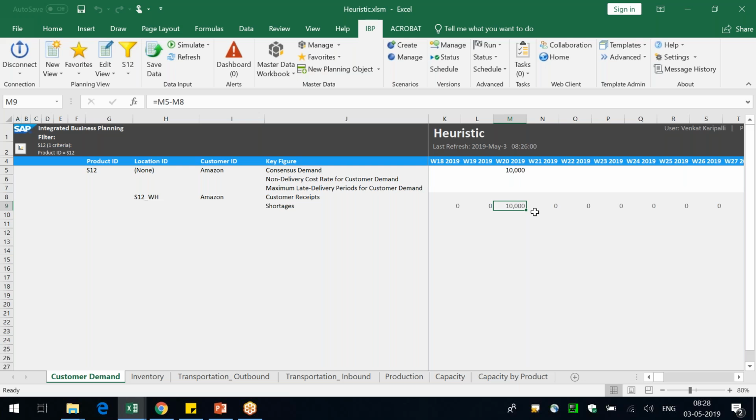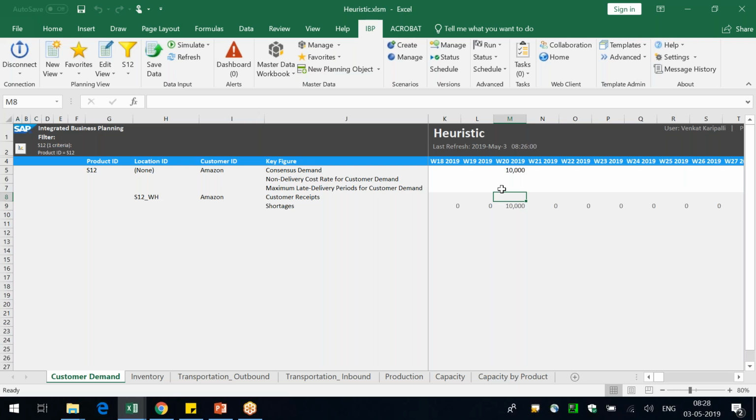Okay, fine. What I'm trying to do here is show you the distinction between the heuristics and the optimizer. With a heuristic, if you give a demand element, it takes the demand and propagates it through your supply chain network and comes up with the supply plan, meaning the transportation plan, the production plan, and the inventory projections.